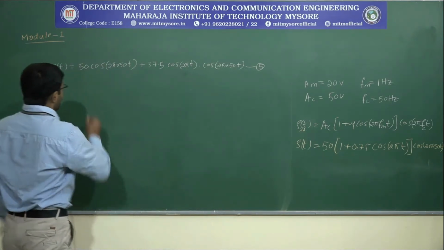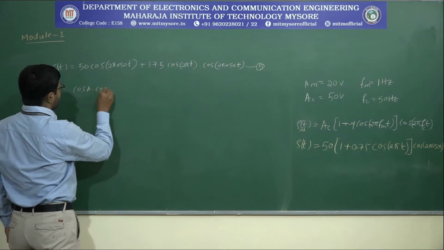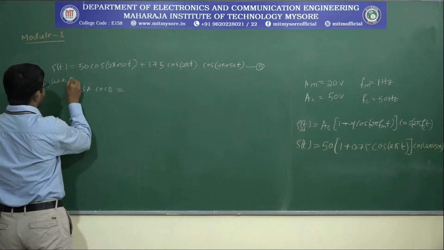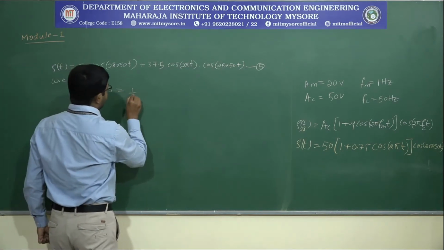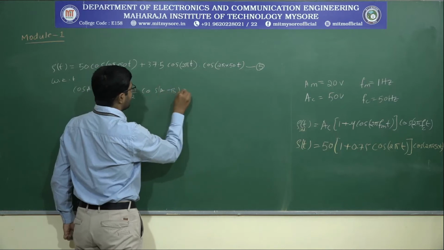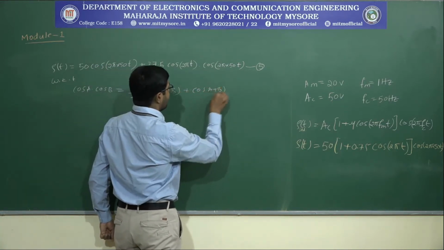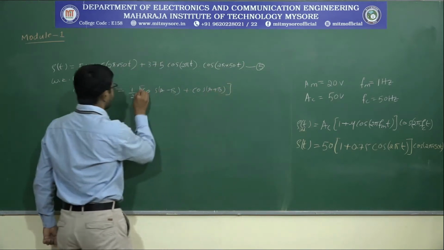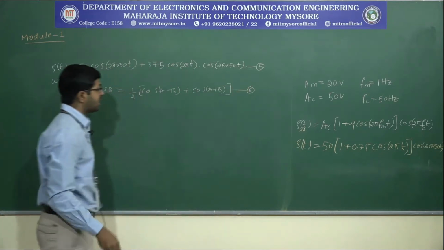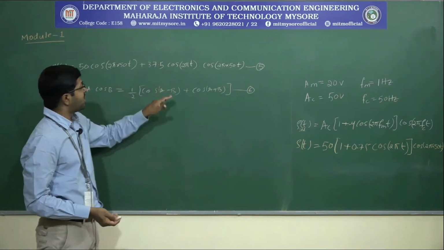In trigonometry, cos A into cos B can be given as 1 by 2 [cos(A minus B) plus cos(A plus B)]. Let me call it equation number 6. Using this relation, we can expand this.